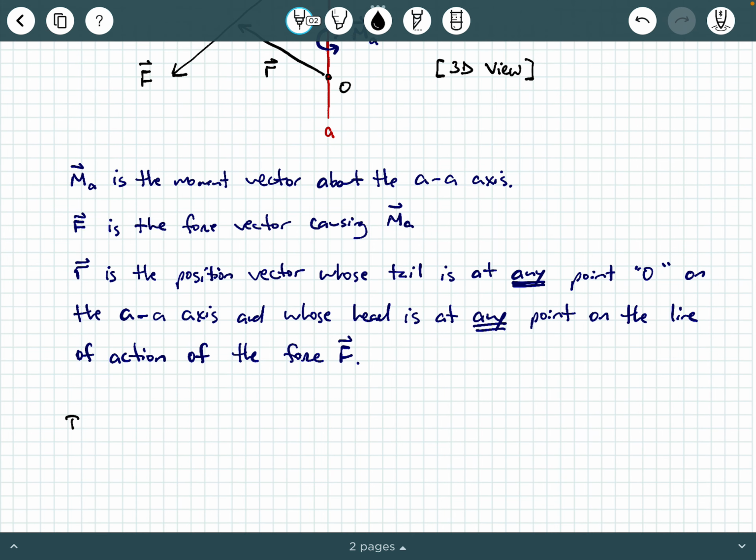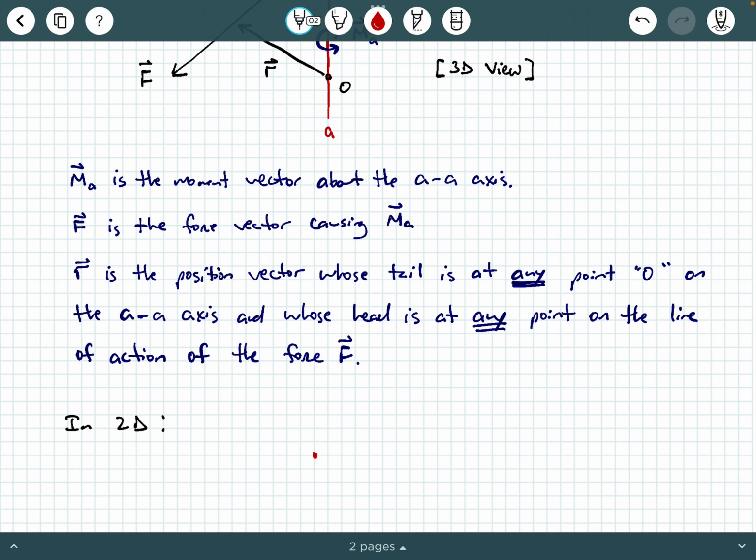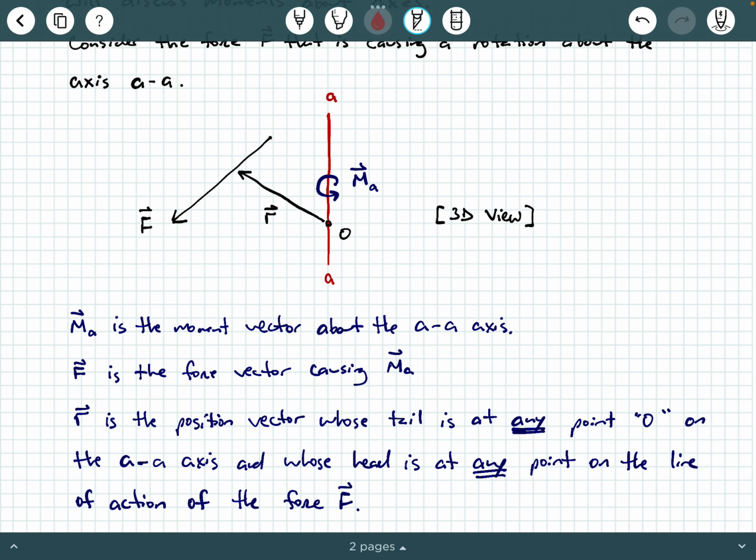Let's say in 2D, if I were to look down from above on top of that AA axis, what would I see? I would just see a little point like this. Okay, so again, if I have an eyeball up here and I'm looking down on this axis, that's what I'll see.